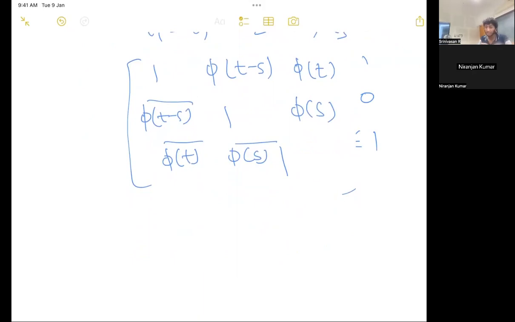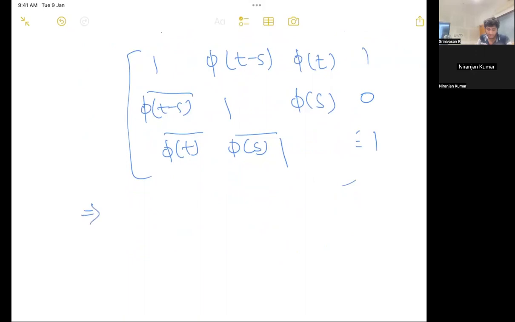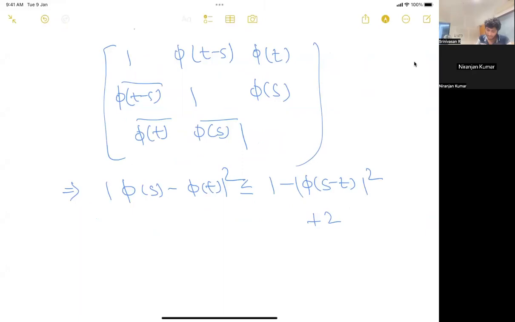And when you expand this with some algebra, you'll get the following: mod phi of s minus phi of t, square, is less than or equal to 1 minus mod phi of s minus t, square, plus 2 times 1 minus phi of t minus s.